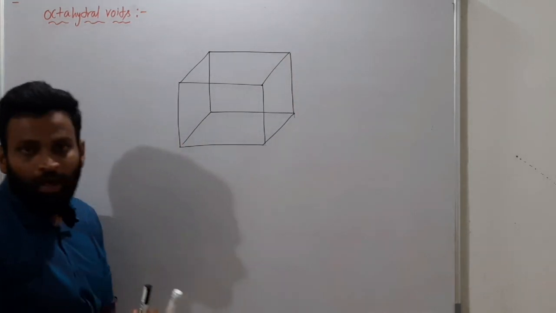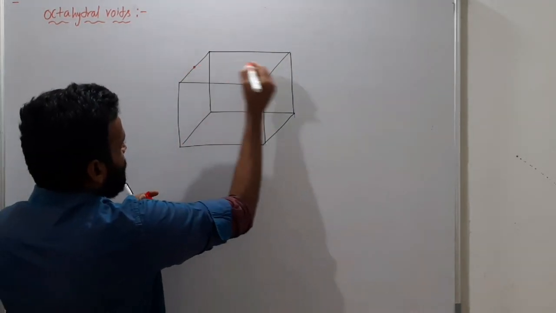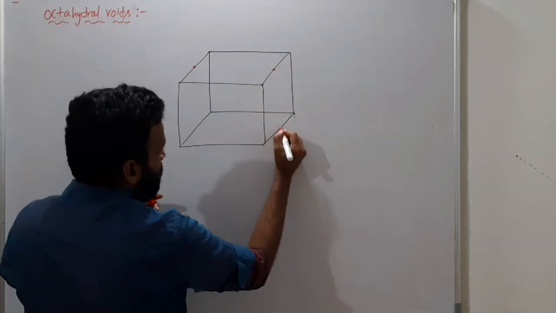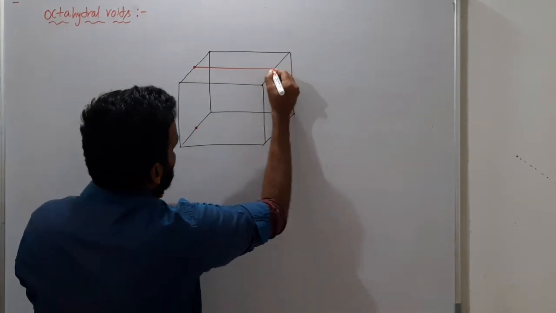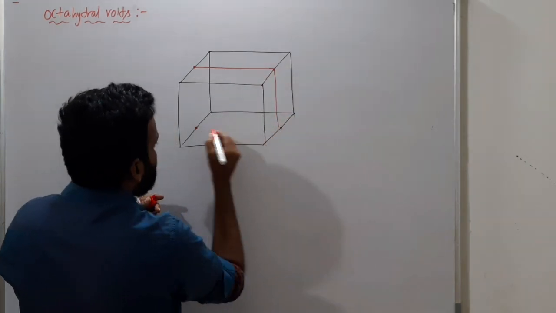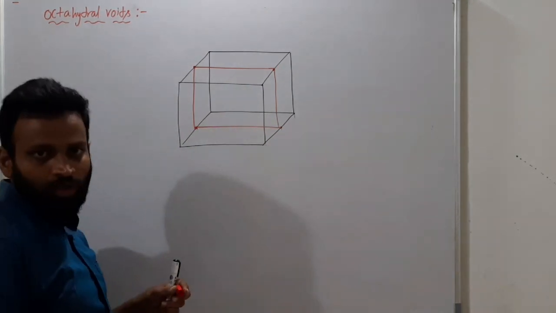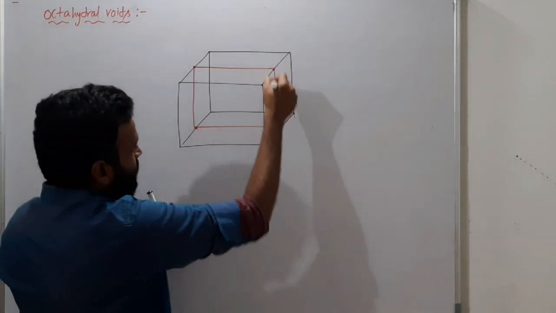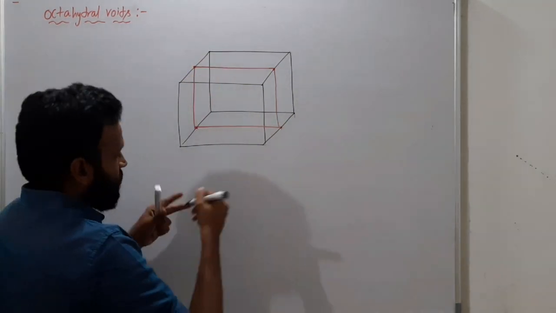Now I will draw in the same manner as we discussed yesterday. Between these you draw lines as I told: 1 and 2, 3 and 4. In the middle of the 4 faces, diagonal lines are drawn.